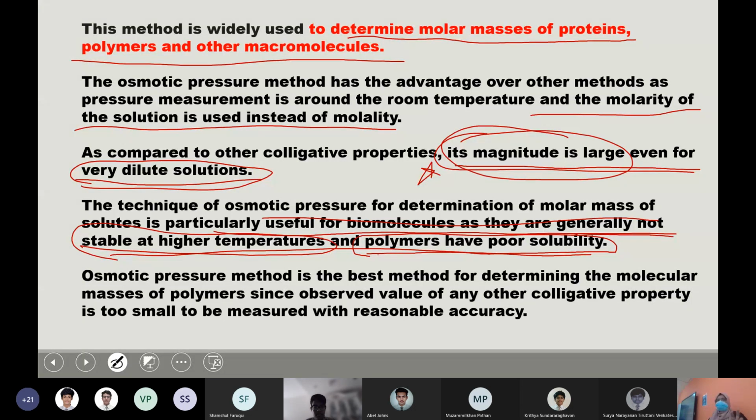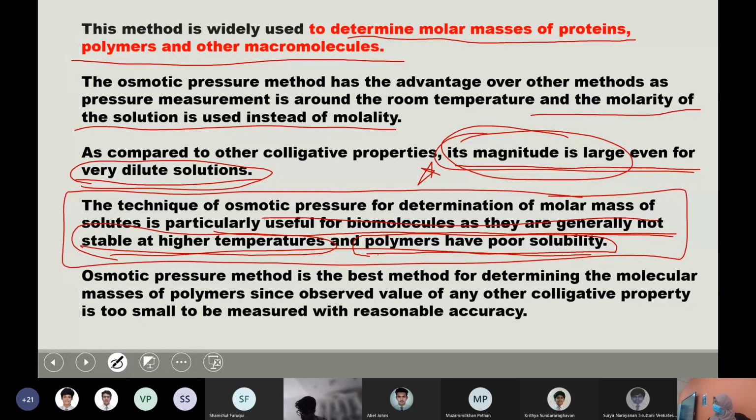That is why for these kinds of molecules, we go for the osmotic pressure method. So this is what you will write in your answer: biomolecules will not work at high temperature and the solubility is very low for polymers. Due to this reason, for these kinds of molecules, we use the osmotic pressure method for the calculation of molar mass.